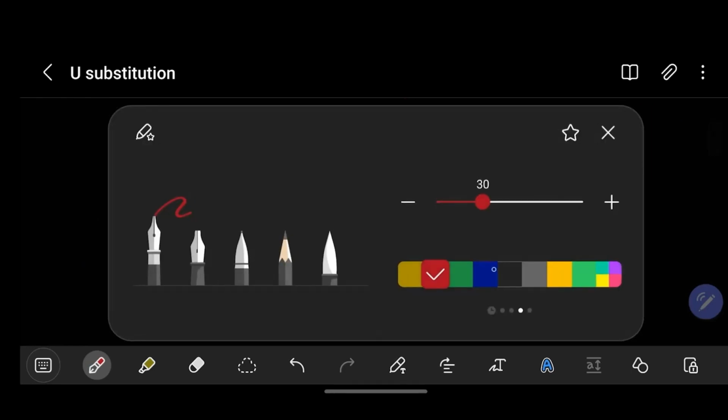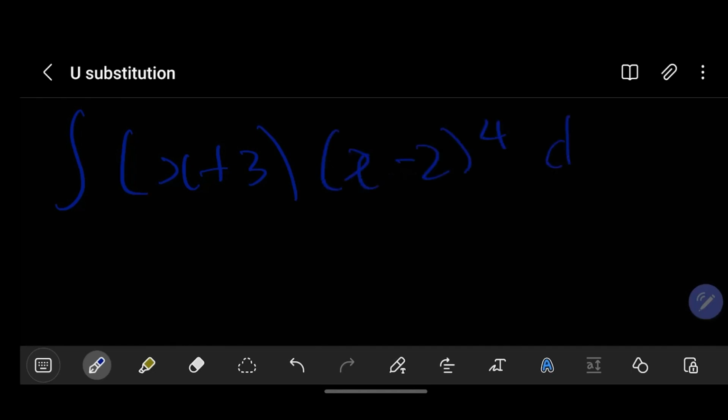Let's move on to another example. Let's look at the integral of x plus 3 into x minus 2 to the 4th dx.